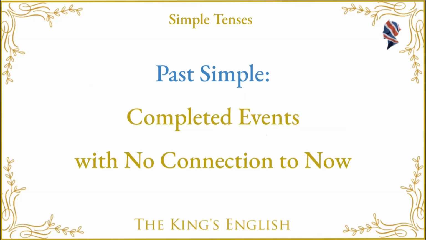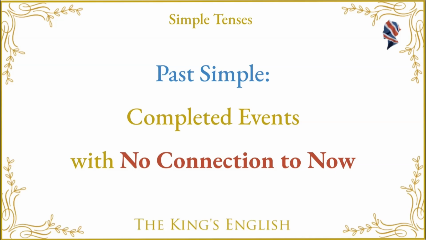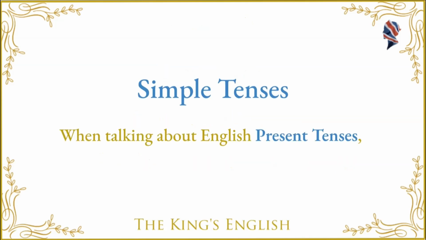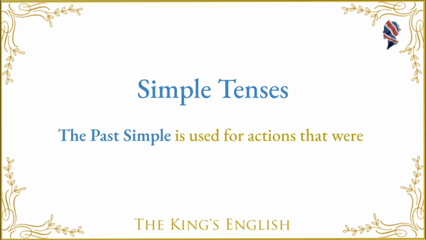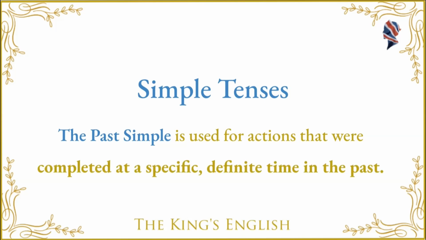Completed events with no connection to now. When talking about English present tenses, we must also talk a little bit about the past. The past simple is used for actions that were completed at a specific, definite time in the past.